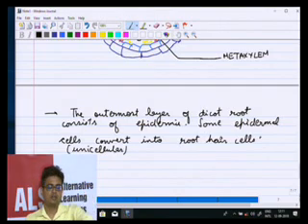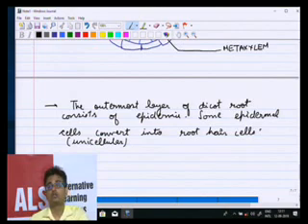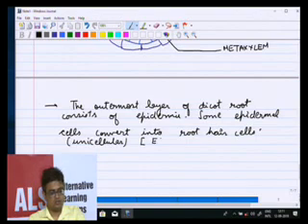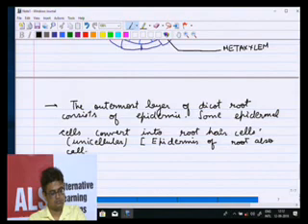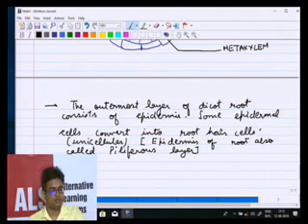Because this layer of epidermis forms the root hair, it is also called piliferous layer. Epidermis of root, because it is forming hair-like structures, is also called piliferous layer sometimes, because it is forming root hair.